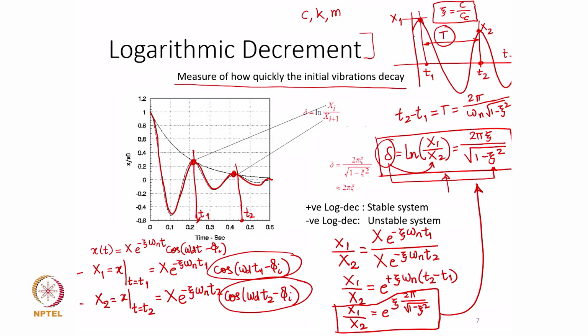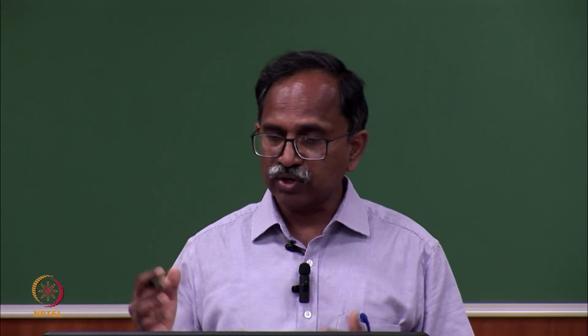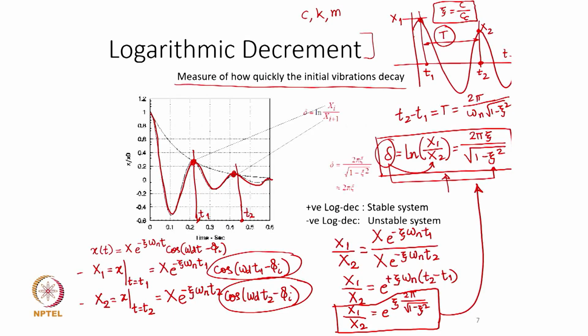And if the system has a low level of damping, let us say less than 0.5, which typically is the case, most of the time our mechanical vibratory systems, I have been saying that the damping is in fact less than 0.1, it does not go beyond 0.1, all structural members do not have very high levels of damping.